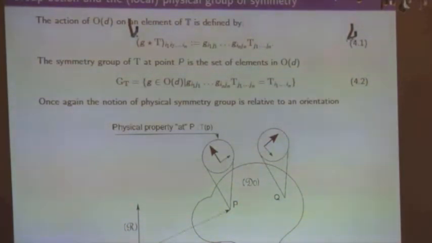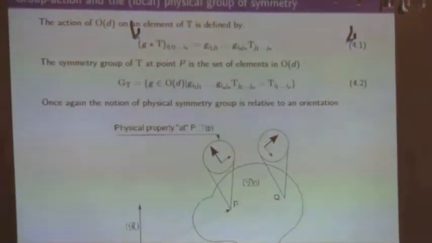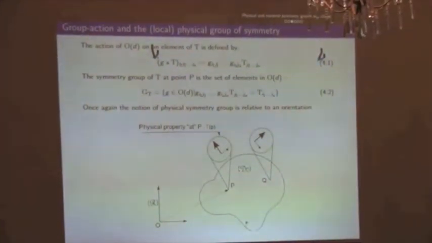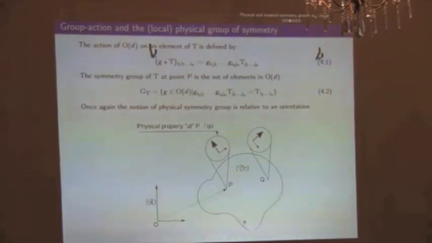It acts on each leg separately. If I have a third-order tensor, I have G, G, and G acting on T. You have as many G elements as you have legs on your tensor.